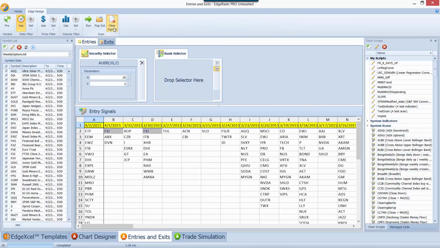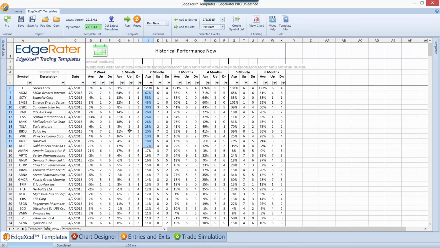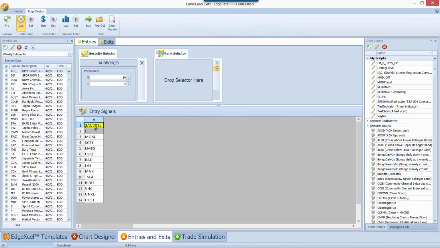Let me first clear these signals from here, then go back to the template and say add to entries. What you'll find in here is we've now added those signals for March 2nd. So we haven't generated these signals from a scan, we've just manually selected them from a template with a particular date and added them in here. And so now we can use this in our manual backtesting of those signals. So that's one thing you can do.